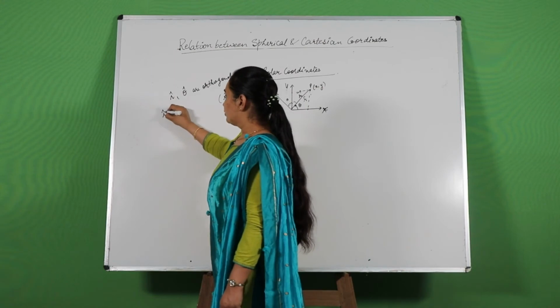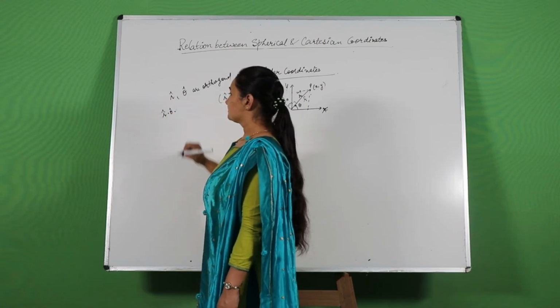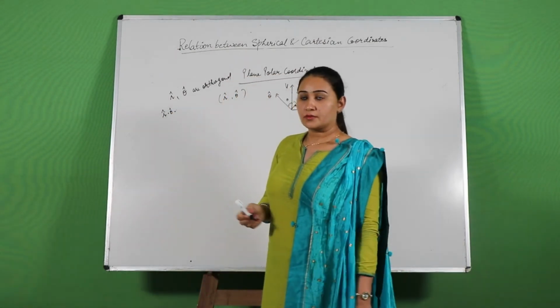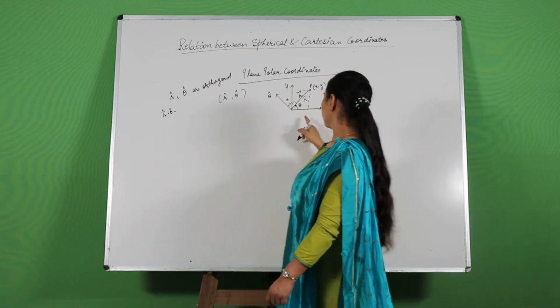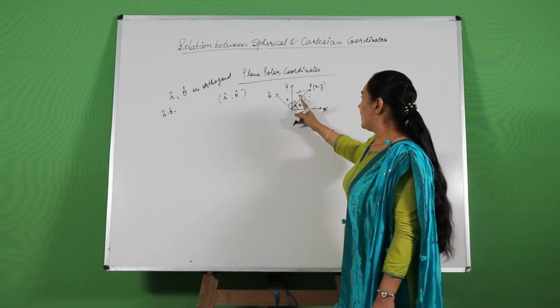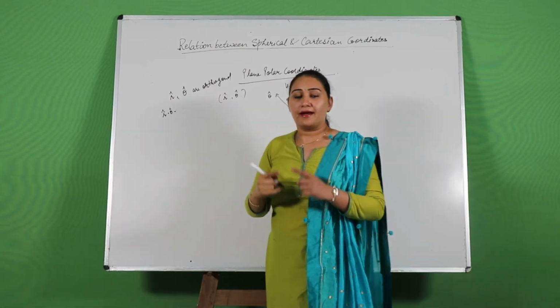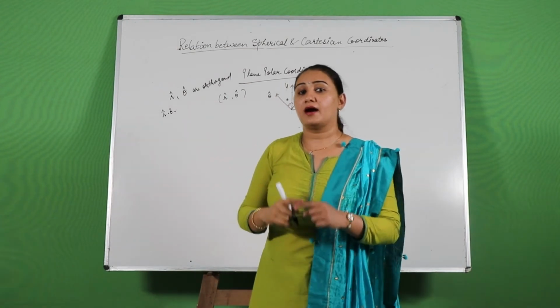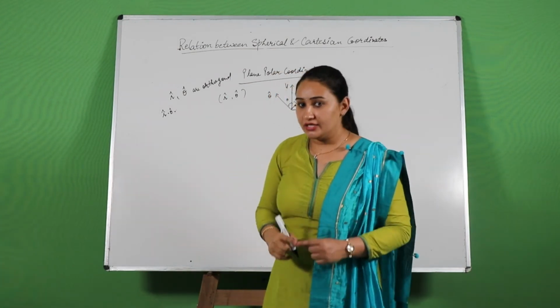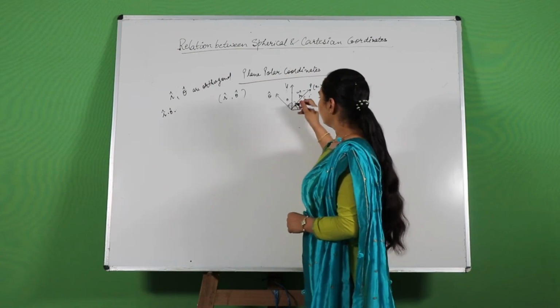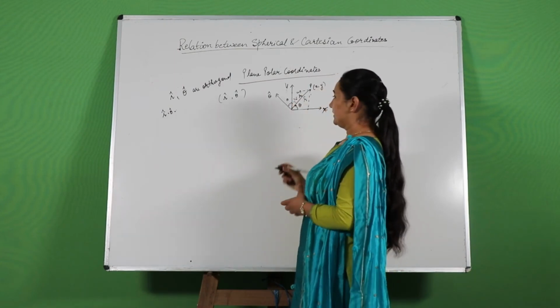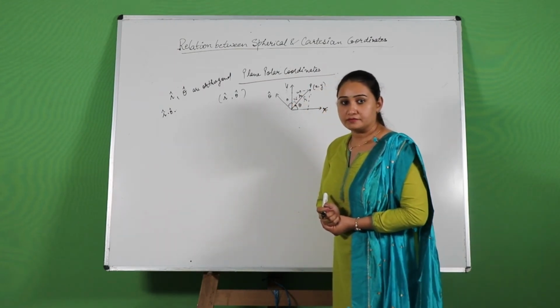Their dot product is 0, so they will be orthogonal to each other. It means the r cap unit vector and theta cap unit vector are perpendicular to each other. So they are having an angle of 90 degrees to each other.